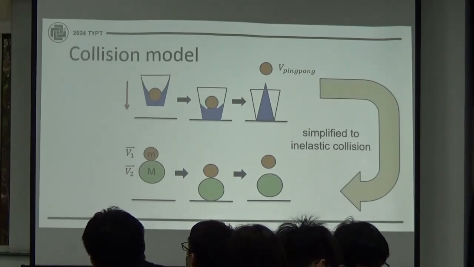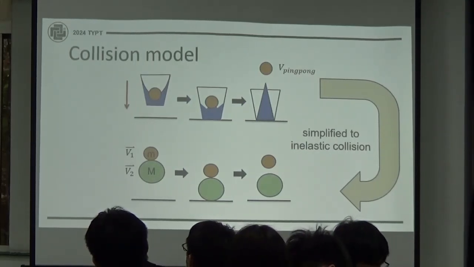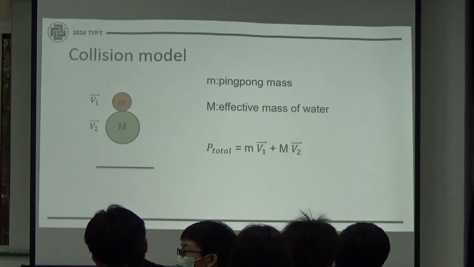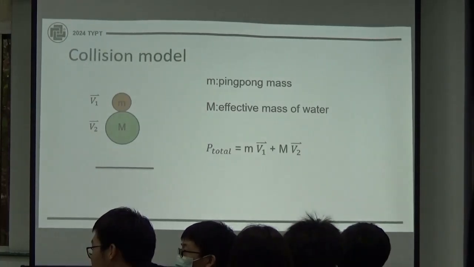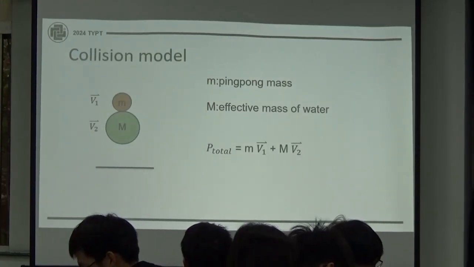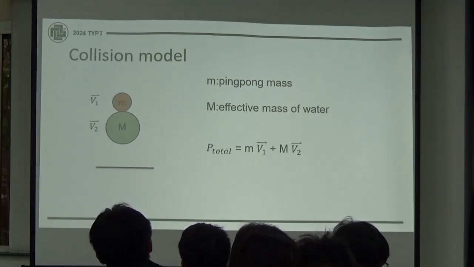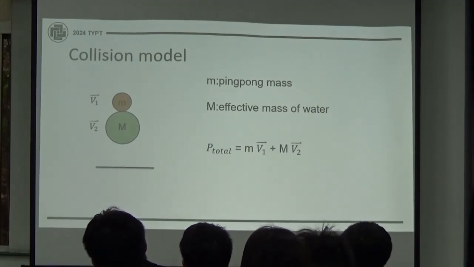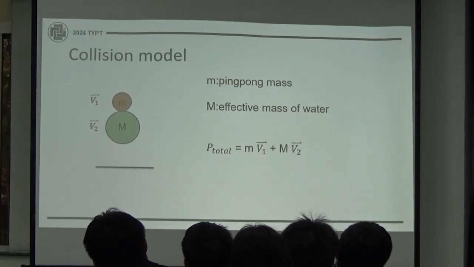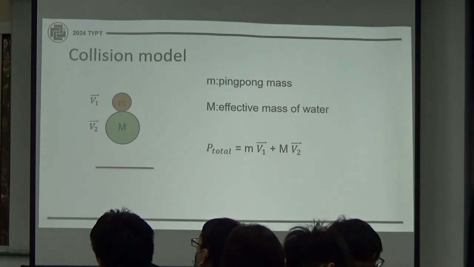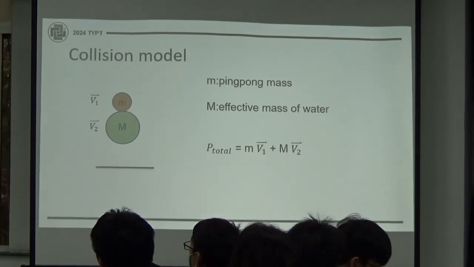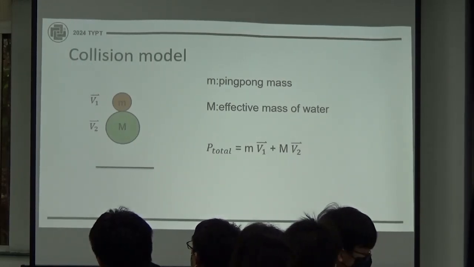So I simplify the whole procedure into an elastic collision like this. Before this model drops, the little m shows the ping pong mass, and the capital M shows the effective mass of water, because I think not all of the water will affect the ping pong ball velocity.